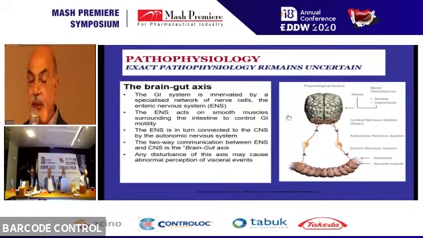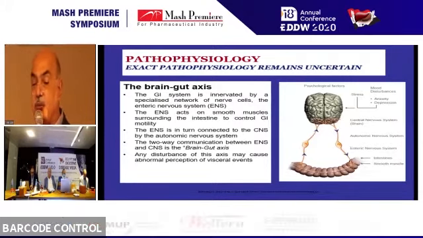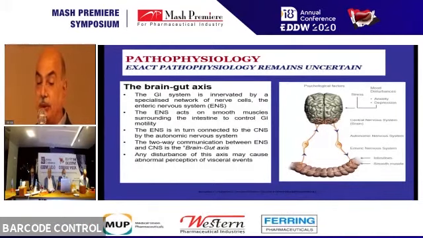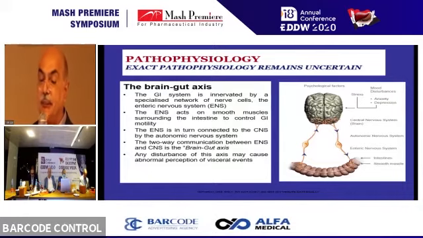The enteric nervous system is connected to the brain by afferent nerves and controlled from the brain by efferent autonomic nerves. This two-way communication between the enteric nervous system and the central nervous system is called the brain-gut axis. Any disturbance in this axis may cause abnormal perception of visceral events.